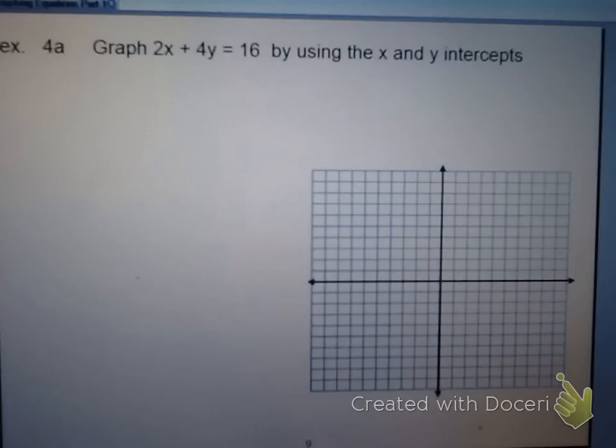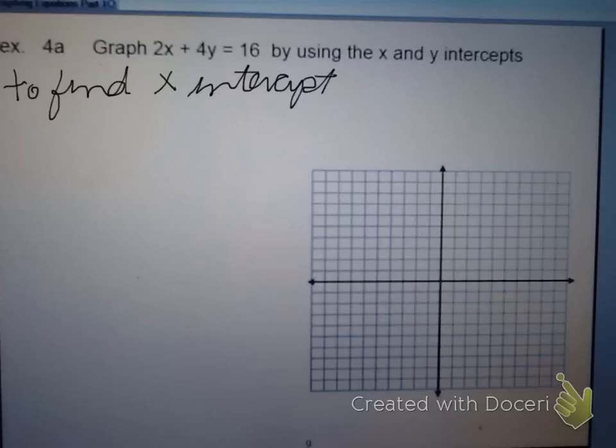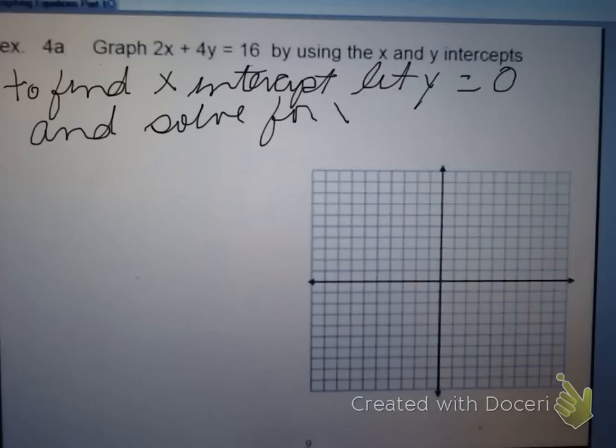Example 4a. Graph 2x plus 4y is equal to 16 by using the x and y intercepts. Alright. To find the x-intercept, let y equal 0 and solve for x.